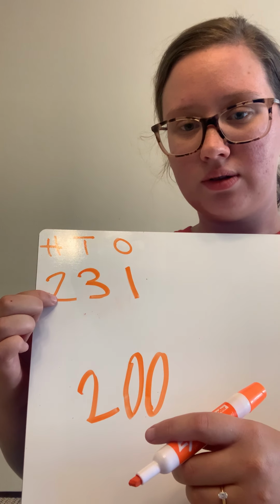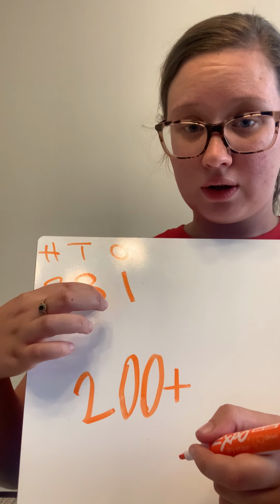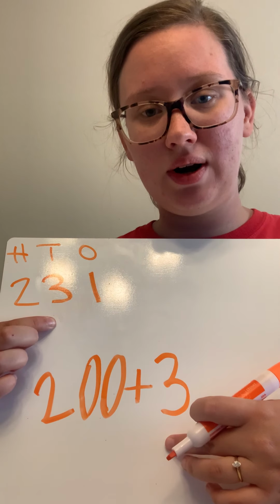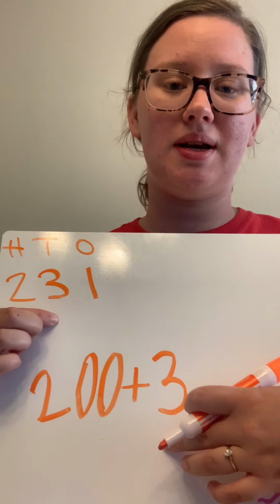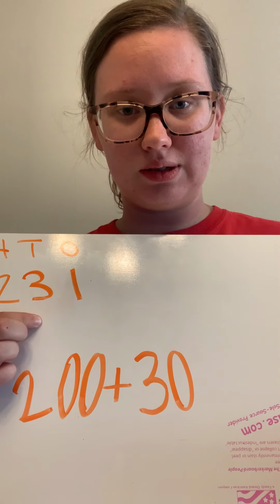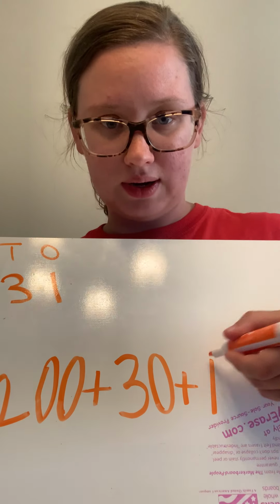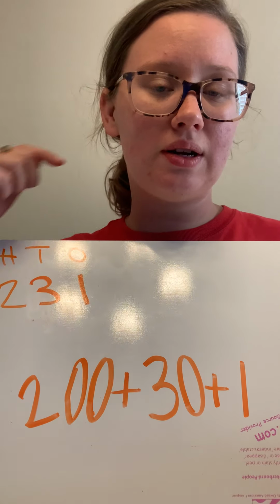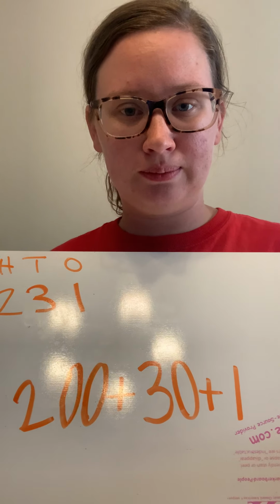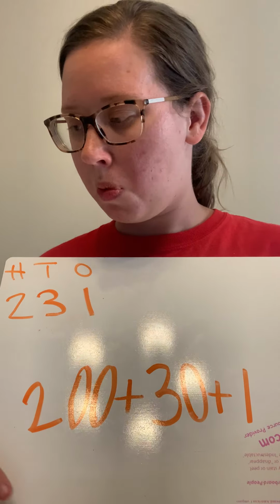So 200 plus 3 tens. Remember, this represents 3, but I have this in my tens place, so 30 is represented by this. And here's my ones place. And in my ones place, we don't need another number behind it because our ones only has 1 digit. Our tens has 2 digits and our hundreds has 3 digits.